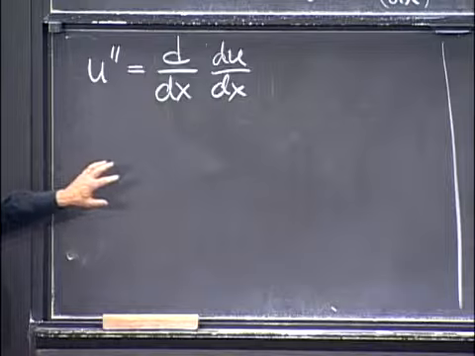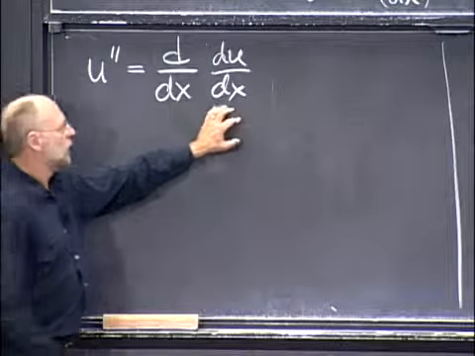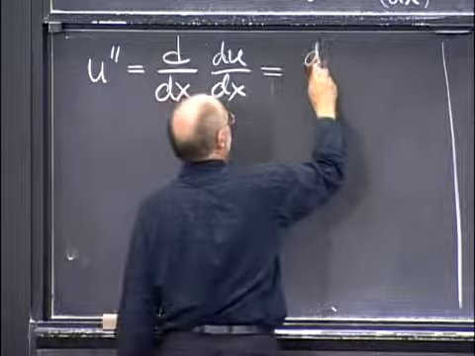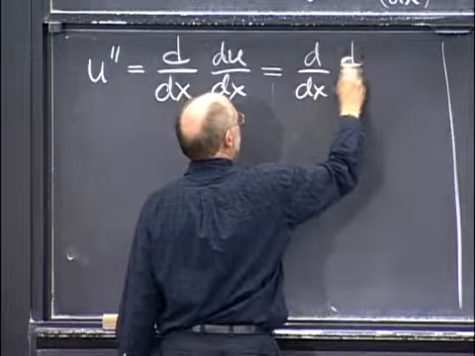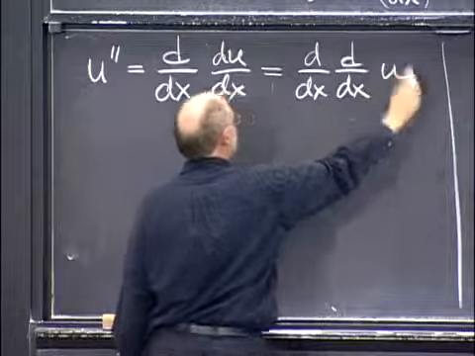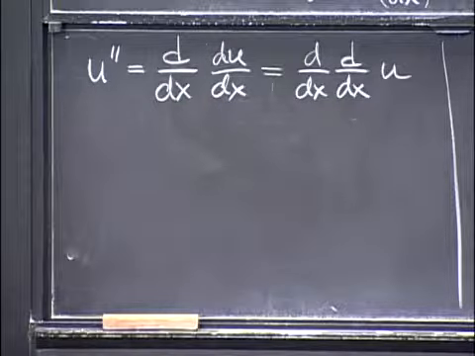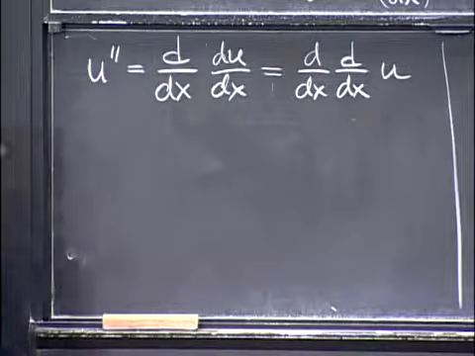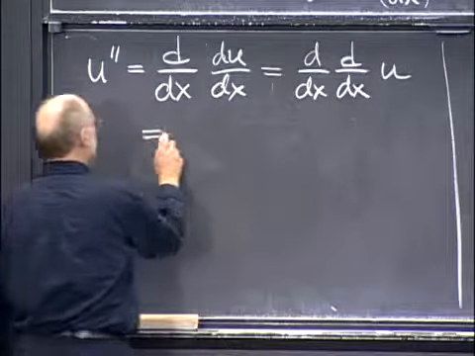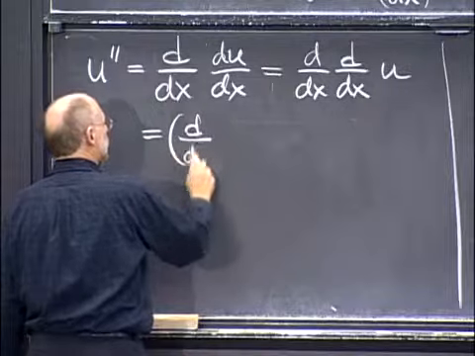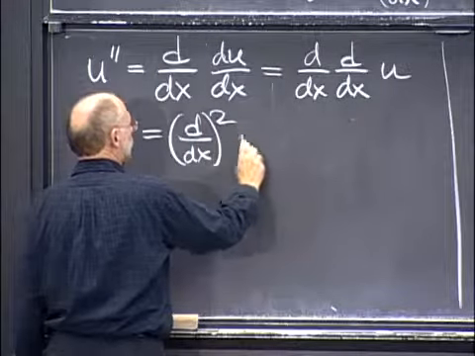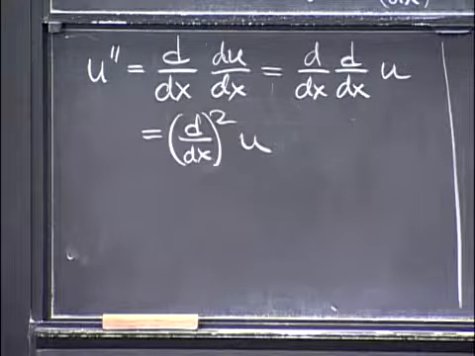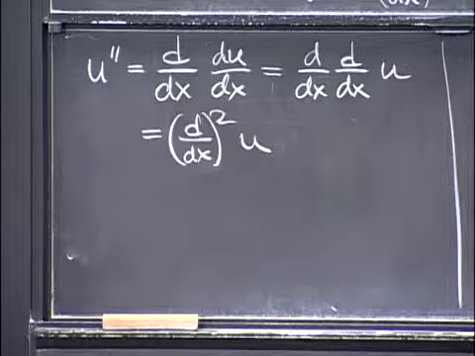Differentiate the derivative. That's what I've done. Or I could write that as d dx applied to d dx applied to u, just pulling that u outside. So I'm doing d dx twice. I'm doing that operator twice. I could write that as d dx quantity squared applied to u. Differentiate twice and do it to the function u.